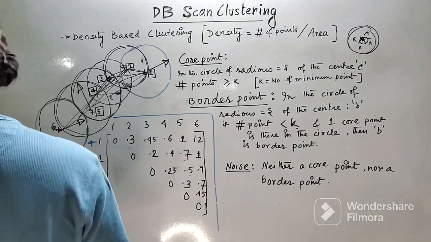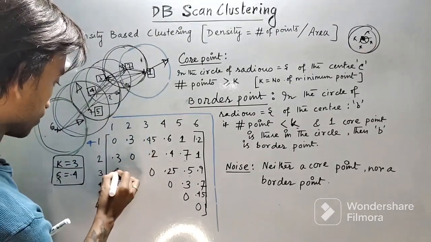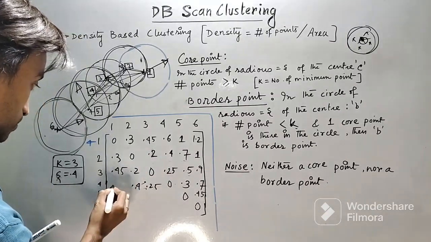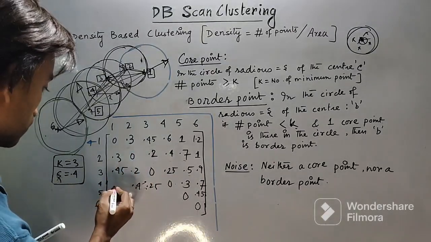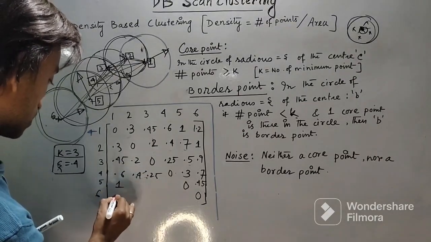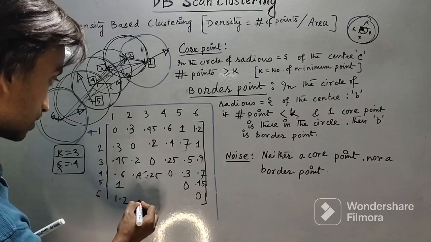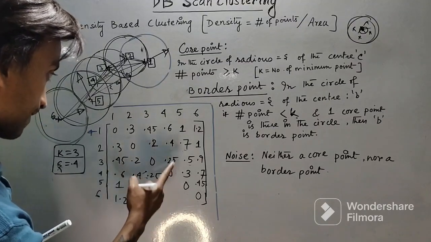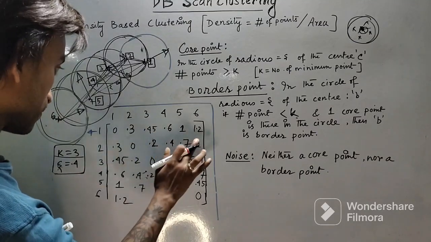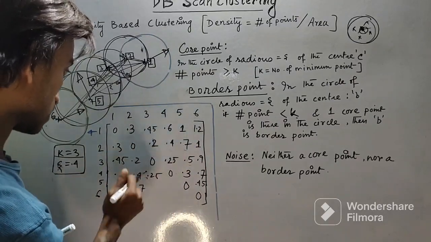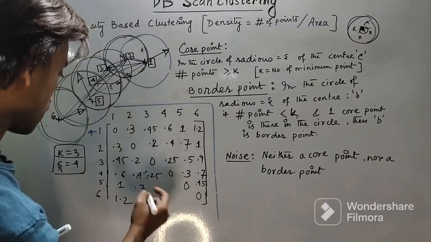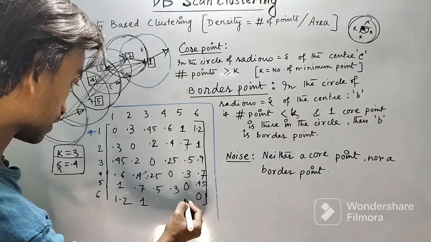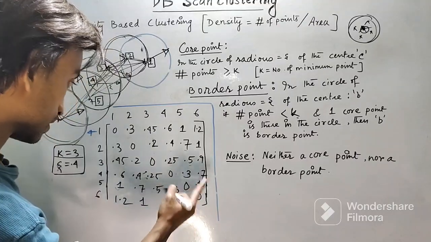Okay, so fine, let us start from point 1. Let us put all these values over here, otherwise it will be pretty tough to compute. 0.4, 0.6, 1.2, 2 to 6, 5 to 1 is 1, 2 to 6 is also 1, and 5 to 3, 3 to 5 is 0.5, and this is 0.3 again, and 0.45, and this is 0.7, and this is 0.9.